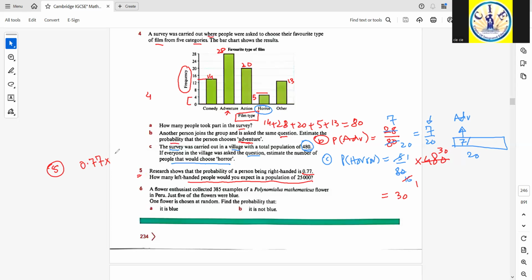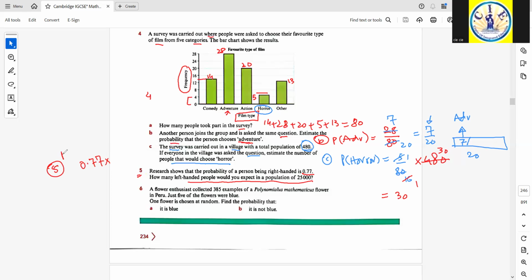Okay, that would give us the number of right-handed people, and when you would subtract them from 25,000, we can have the number of left-handed people.